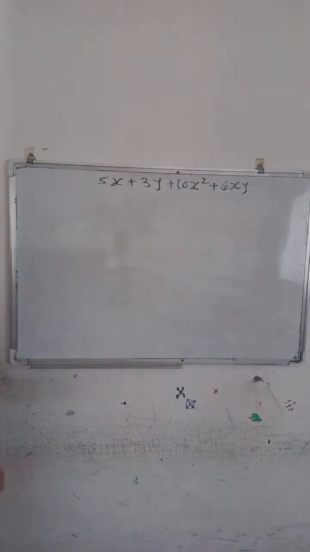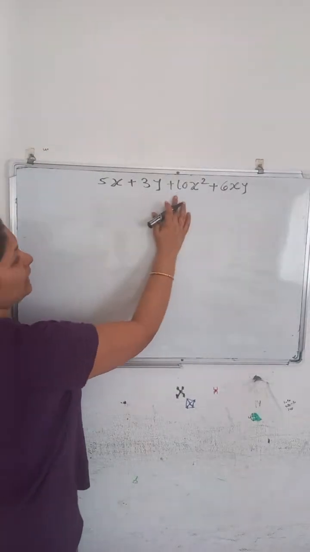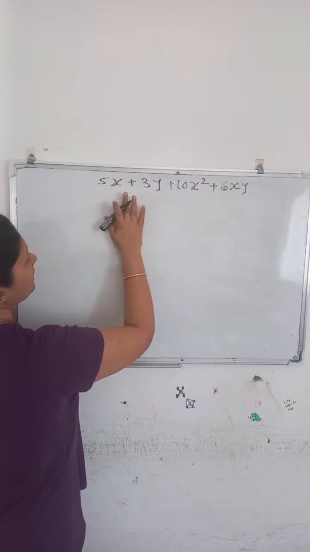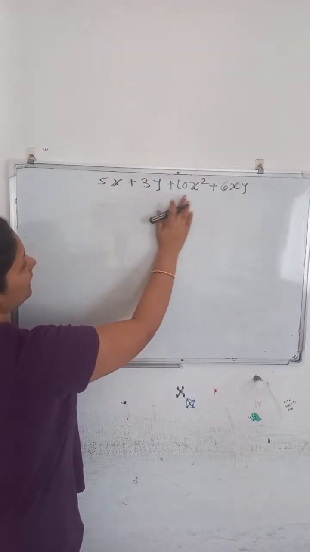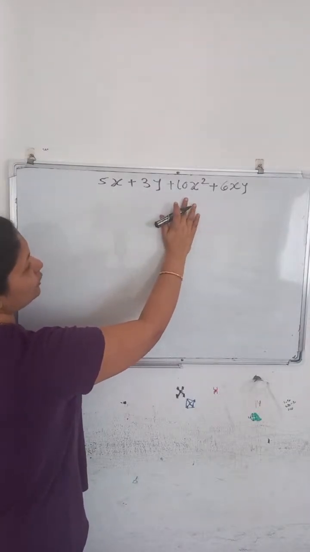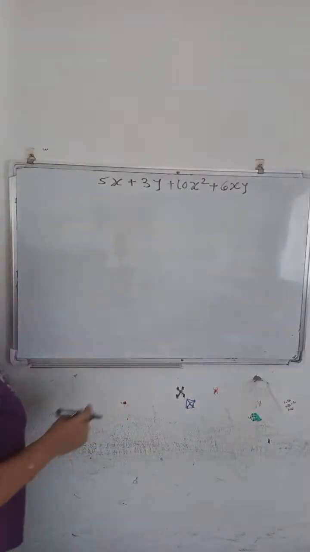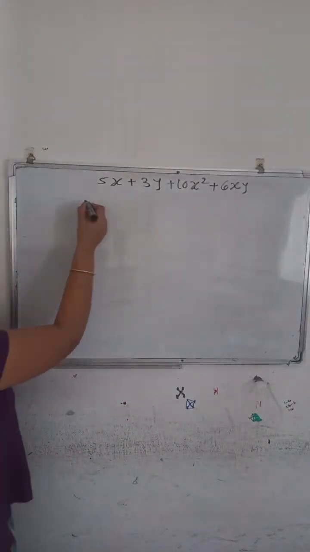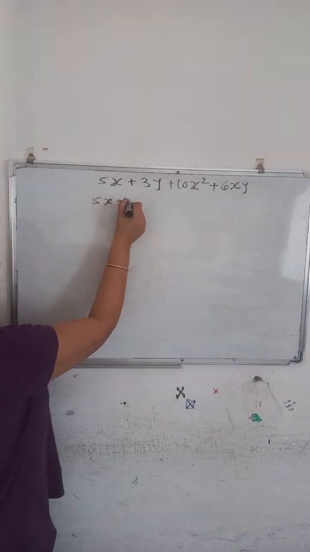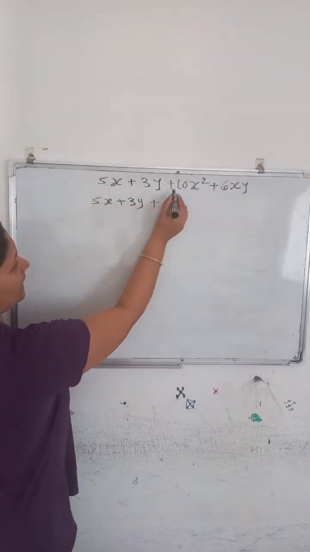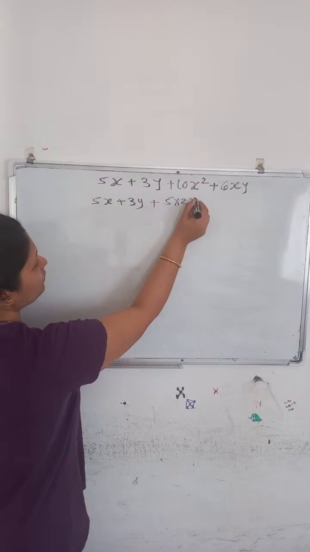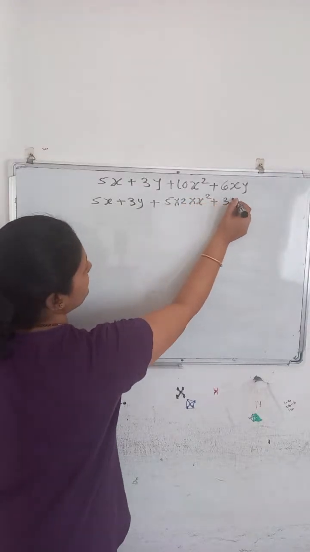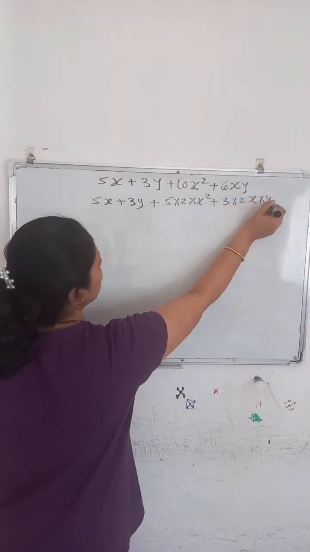If you take these two terms and these two terms, nothing will come common, but 2 and x will come common. So I keep 5x plus 3y as it is, and split it: 5 into 2 into x square plus 3 into 2 into x into y.